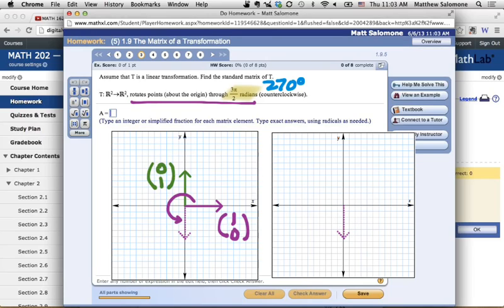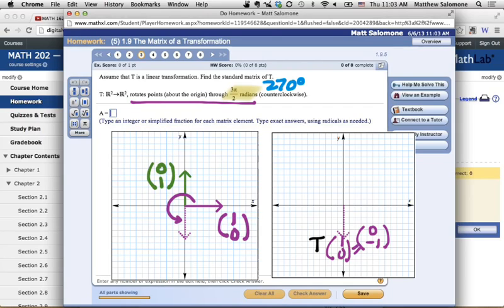So the image of the vector 1, 0 under this linear transformation is 0, negative 1. So just to organize what we have here, T applied to the vector 1, 0 is equal to 0, negative 1.